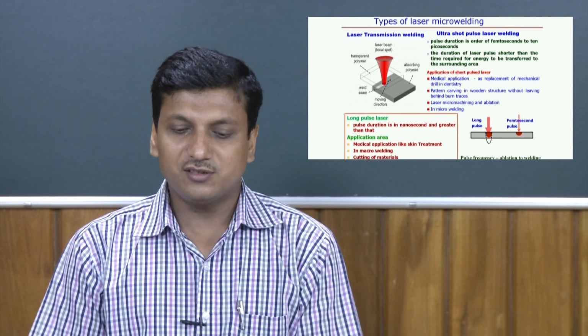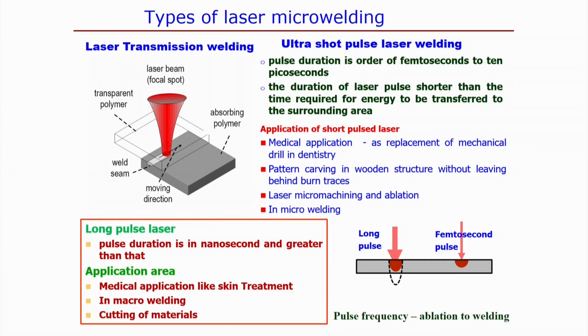Long pulse laser means nanosecond, microsecond and millisecond. In that pulse duration, the energy from the laser is instantaneously transmitted to the substrate material, so there may not be any lag phenomena.